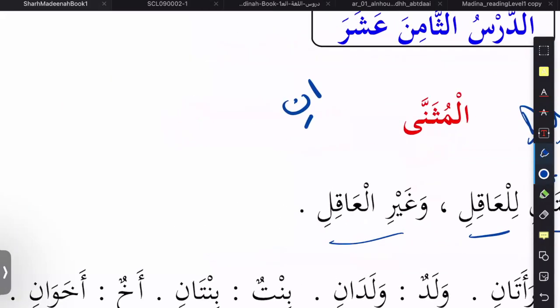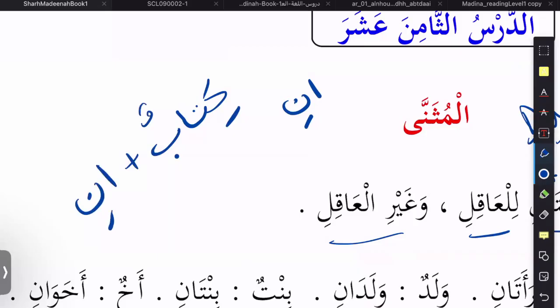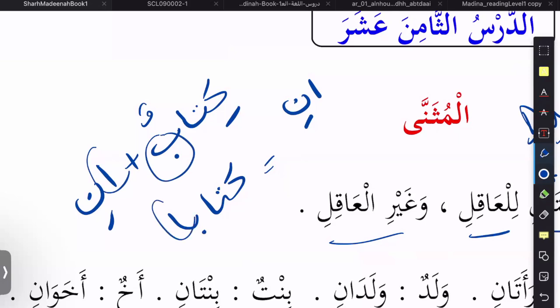Very, very simple, guys. Don't make this complicated. At least have one rule, knowing that it is very simple. You have kitabun, you add alif and noon, ani sound, and it becomes kitabani. See, here's your ba, here's your alif, and here's your noon. And you know the rule: before an alif, it always needs to be a fatha.